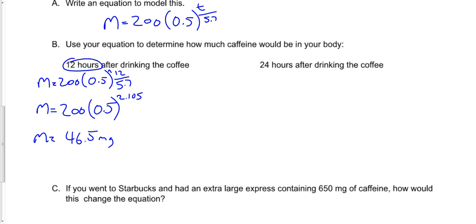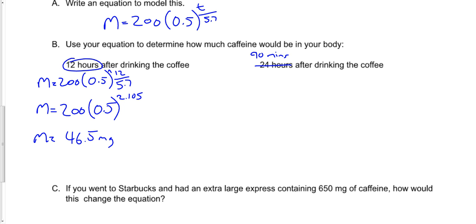Okay. After 24 hours, we could do it for 24 hours, but I actually want to change this. Instead, let's say that we wanted to know how much caffeine was in your body 90 minutes after you have your cup of coffee.